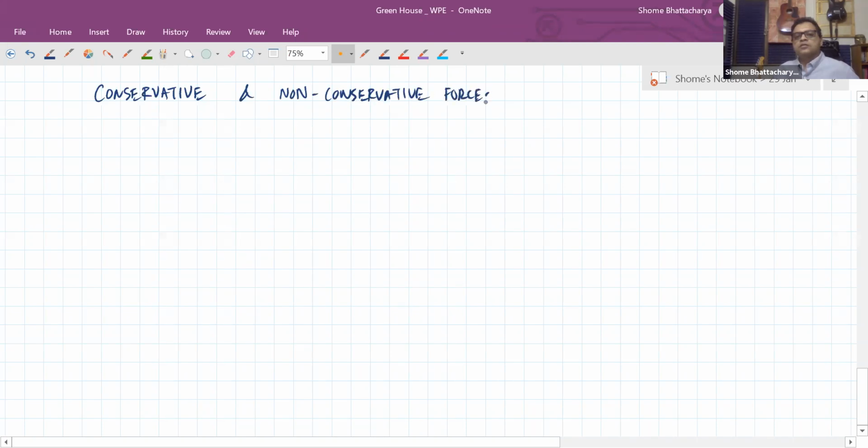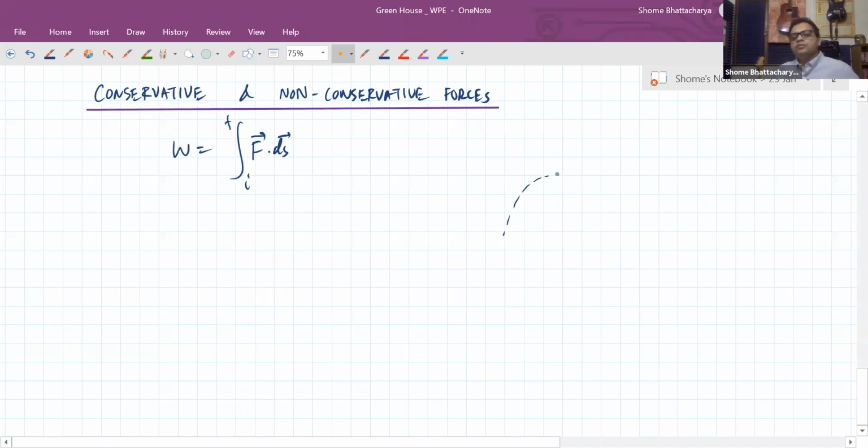Okay. Now, as we know, the work done by a force in general is defined as the path integration, F dot ds, integration from initial to final. This is how we define the work done.